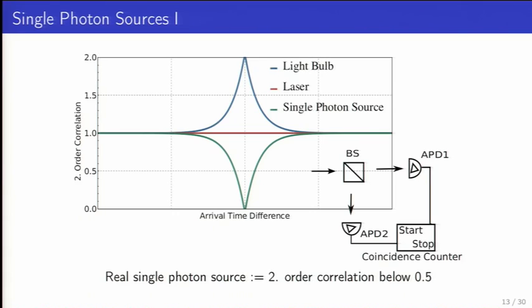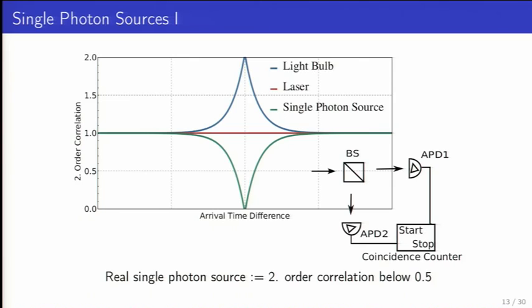A beam splitter, if it's perfect, directs 50% of the photons to this avalanche photodiode, and the other 50% to this avalanche photodiode. The coincidence counter then measures the time difference between the events on this diode, or between the events on this diode and this diode.